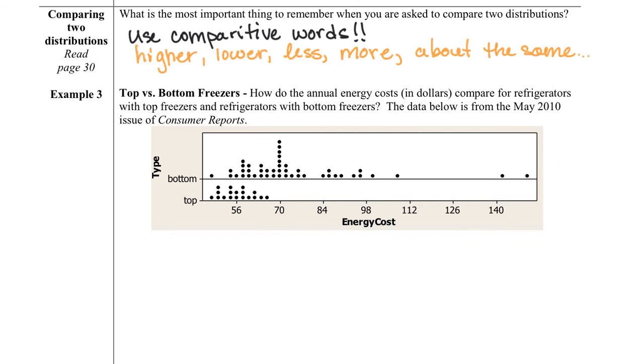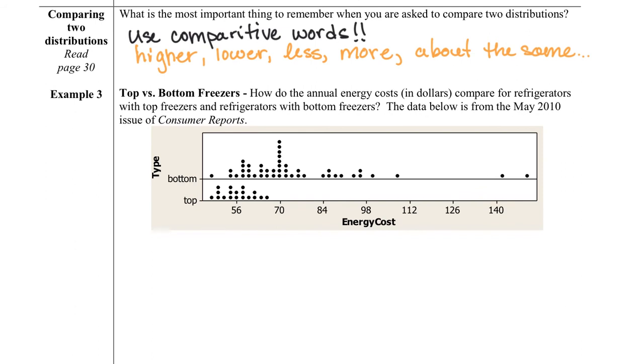So combined with our SOCS, we're going to look at these two distributions of the energy costs of top versus bottom freezers. So the top dot plot, of course, is the bottom freezers, and the top freezers are the bottom dot plot. That seems counterintuitive.